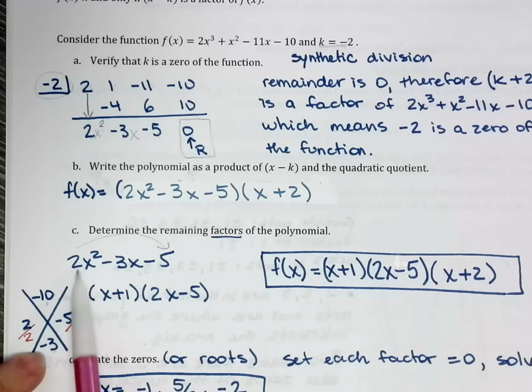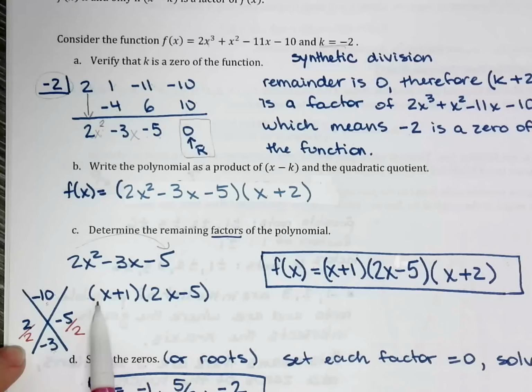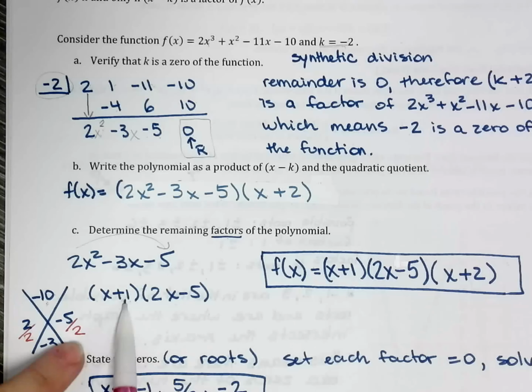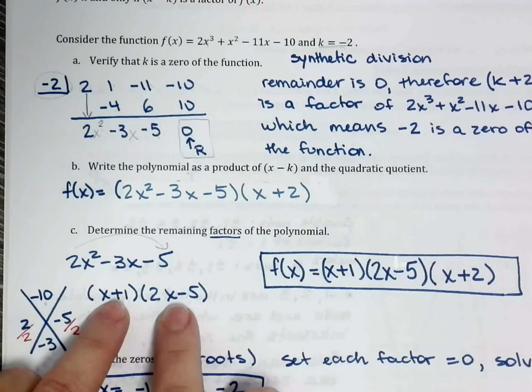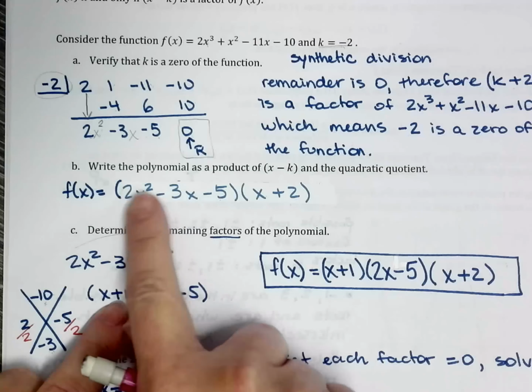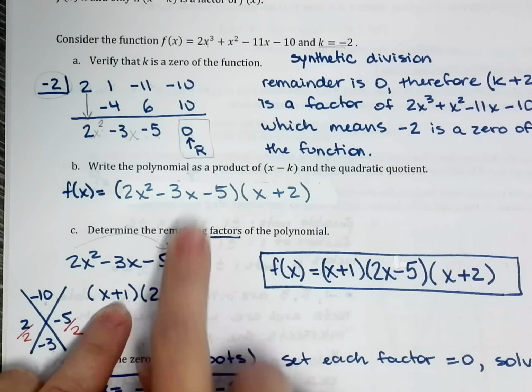Because I started out by multiplying by 2, I need to divide by 2. Simplify the fraction here. That's how I got my x plus 1 as one of the factors. And then this one didn't simplify, didn't divide, so that 2 just goes in the front. So 2x minus 5. So these two are the remaining factors of the polynomial right here.